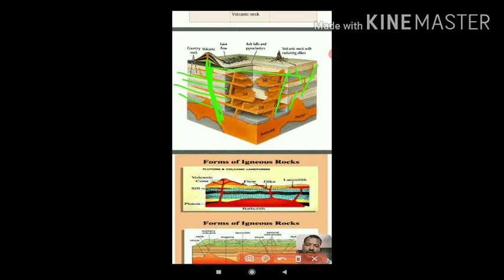Another one we can see is the batholith. This large portion is the batholith.